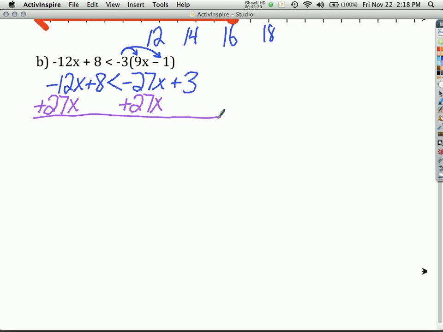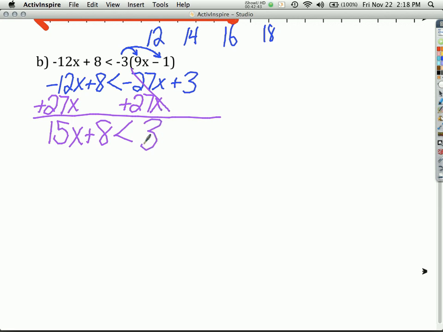It will just be a tiny bit harder than doing it this way. Okay? So this will cancel, and now we add down, we get 15x plus 8. Now, did we multiply or divide by a negative number? No. So the symbol is still going to be the same, and then we have a 3.